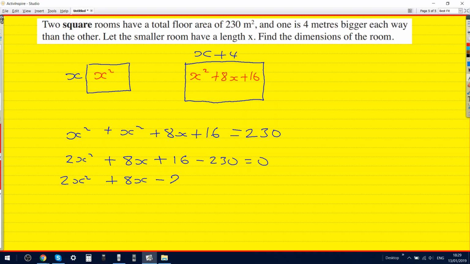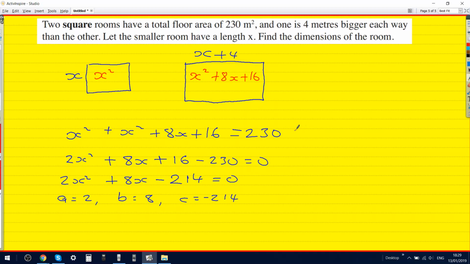So 16 minus 230 equals minus 214. So plus 8x minus 214 equals 0. And from there we can find A, B, and C. So A would be 2, B would be 8, C would be minus 214. And then you're just putting it into the formula as normal.